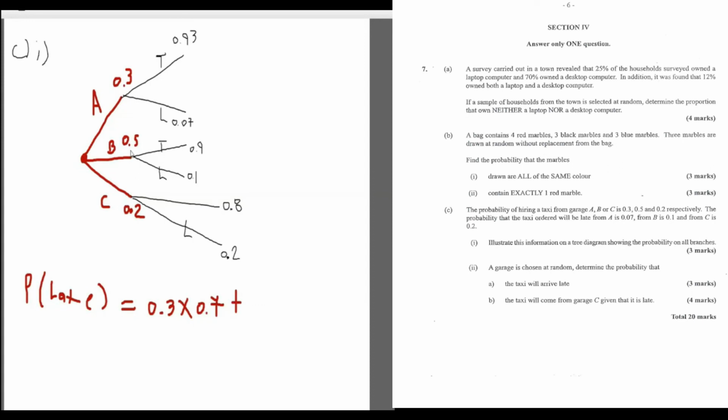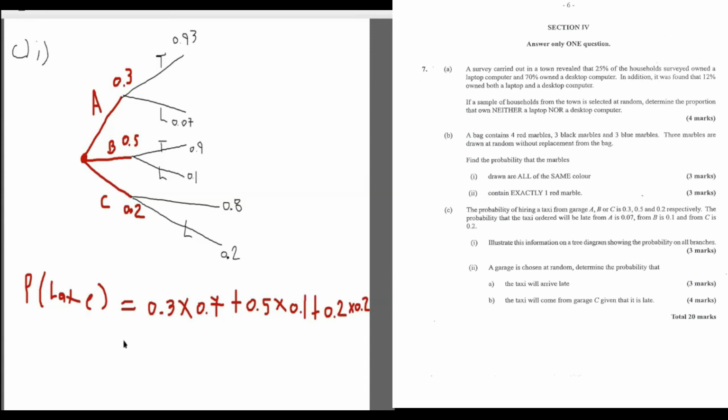the probability of B being late, because there's a 50% chance B will come and a 10% chance B will be late. So the probability of B definitely being late is 0.5 times 0.1, plus now C. The probability of C getting picked is 0.2, and the chance of C being late is 0.2. So I multiply those. That will give me the chance of the taxi being late.